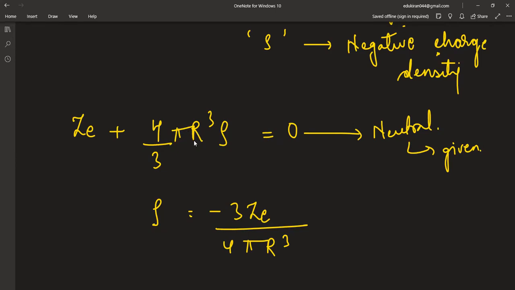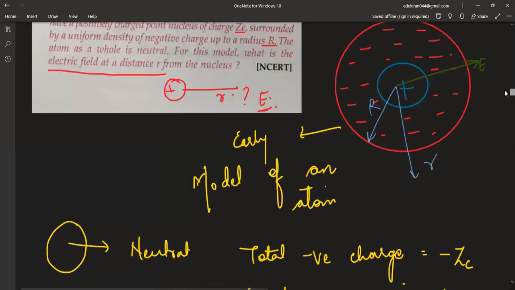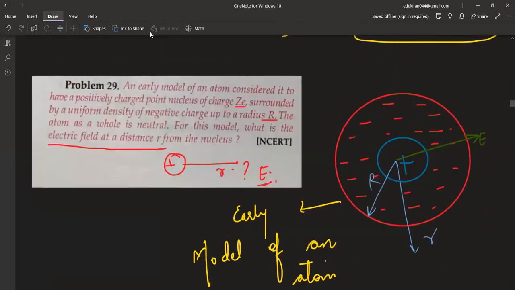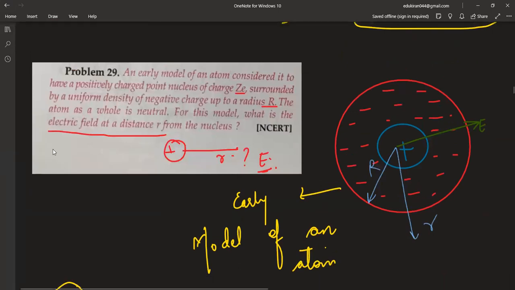Now see, when you are calculating, it is not specified in the question. The question usually mentions two conditions whenever we are solving these questions. Either it gives a condition where small r is greater than capital R, where you use the specified formula of electric field.